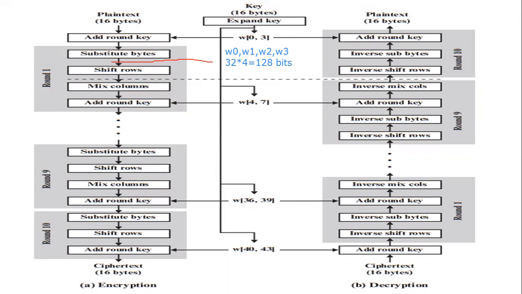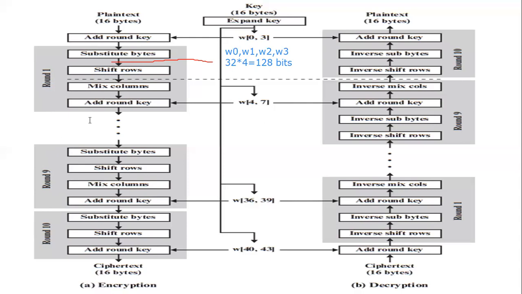So after adding the round key with plain text, we go into round 1, and in round 1 we perform substitute bytes (S-box), then shift rows, mix column, add round key. We'll see what operations are performed in substitute bytes, shift rows, mix column, and add round key.